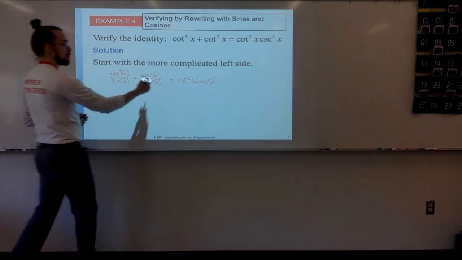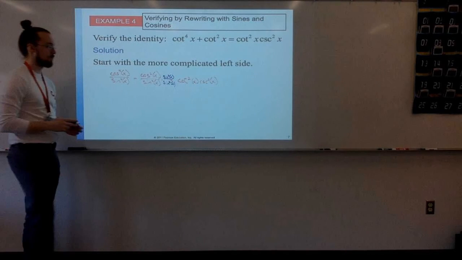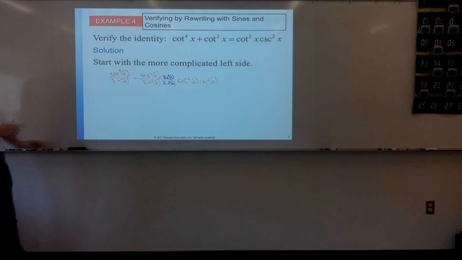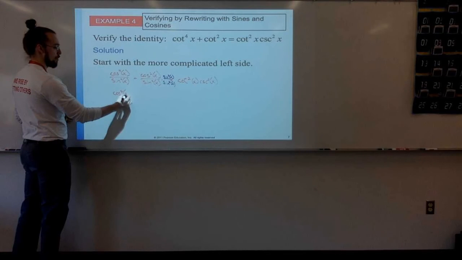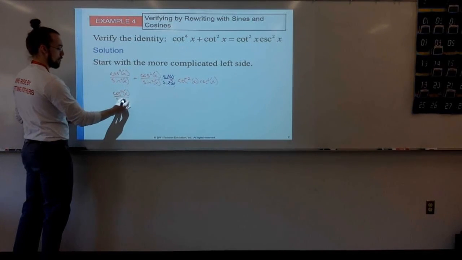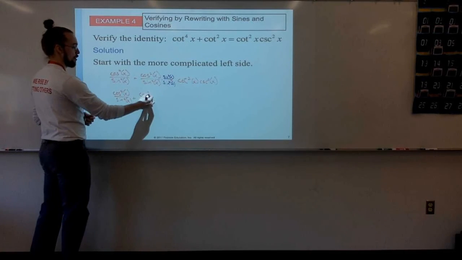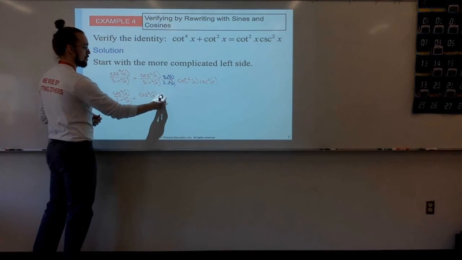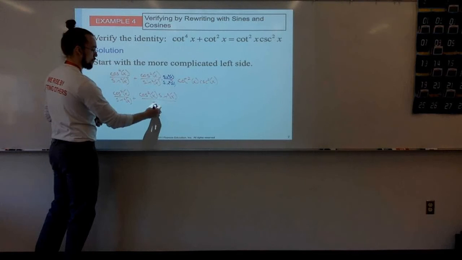So I can multiply this whole term here by sine squared over sine squared. So we'll end up with cosine to the fourth over sine to the fourth plus cosine squared times sine squared over sine to the fourth.